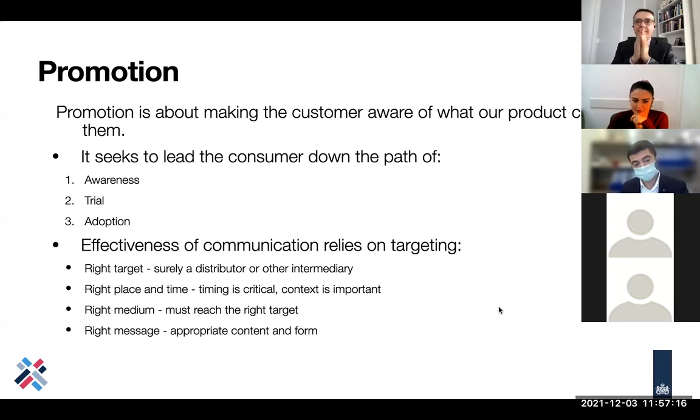Promotion is, if we take a step back, the activity or the set of activities that seeks to take consumers on a ride, on a journey of 3 steps. The first step is awareness, them not knowing anything about the product to the point where they know about the product.